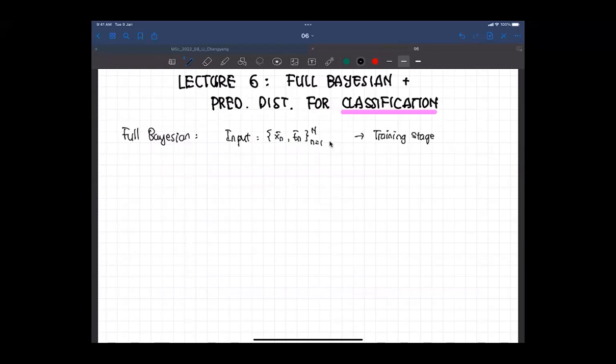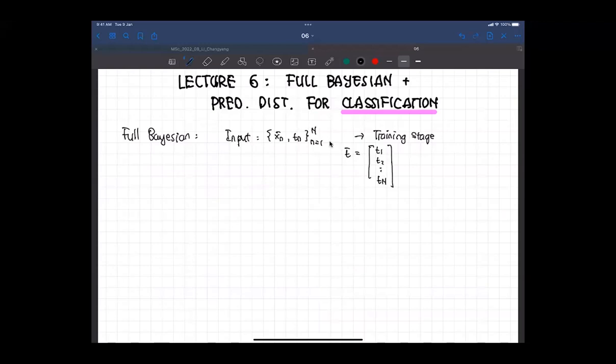Right. And Tn here, Tn bar is of course not bar, but label 0 or 1. So T bar equals T1, T2 until Tn.